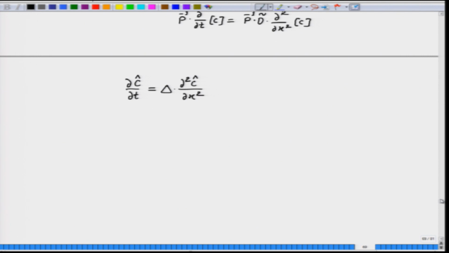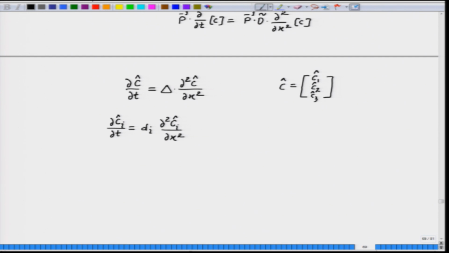In terms of individual components of this, right, C cap would be a column vector of C1 cap, C2 cap and C3 cap, and delta is a diagonal matrix. So, individually we can write ∂Ci cap/∂t is equal to Di times ∂²Ci cap/∂x².